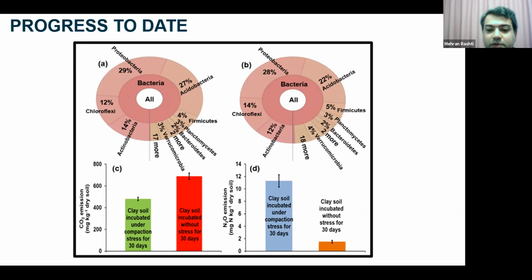So this process of stress, especially here, look at the compaction, not only affects the overall functionality of microorganisms, it affects the changes in their community and also the use efficiency of different nutrients and carbon in the system as well.